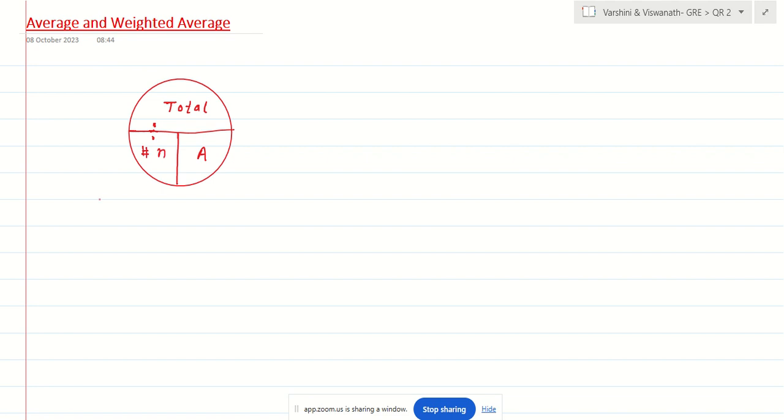This is the average. And how to find the number of terms? Total divided by average. How to find the total? The number of terms into average.